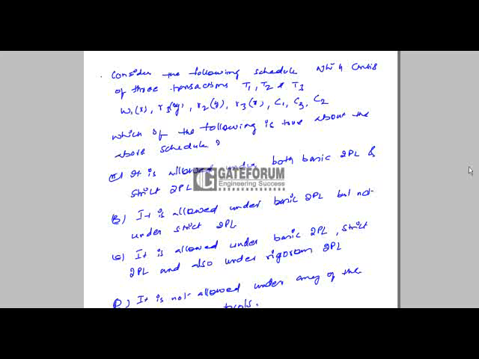Once the transaction starts releasing locks, it is not allowed to request any more locks. In strict 2PL, that is strict two-phase locking protocol, all the write locks should be released only after the commit operation.